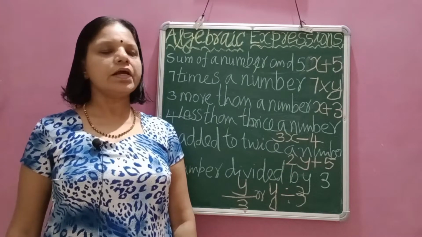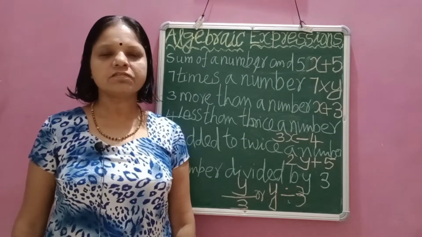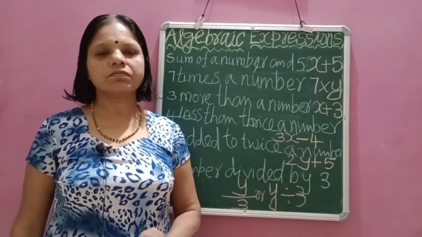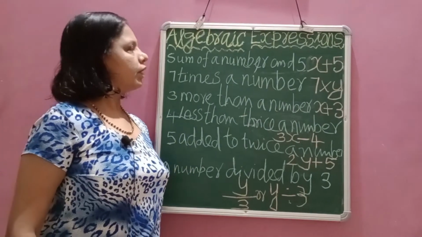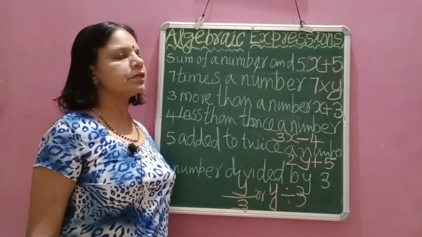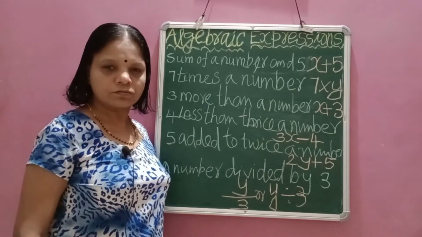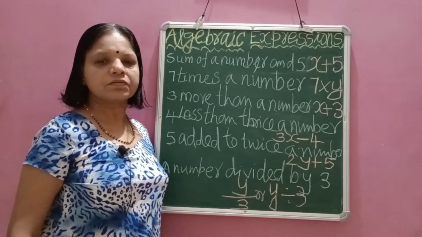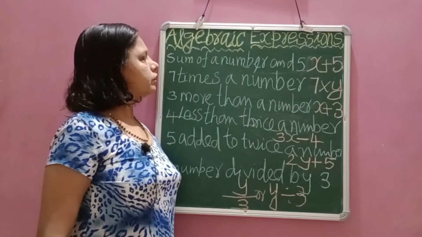In numerical expressions, we are using only numerals and arithmetic symbols. So what makes algebraic expressions different from numerical expressions? It is also used to represent some information.